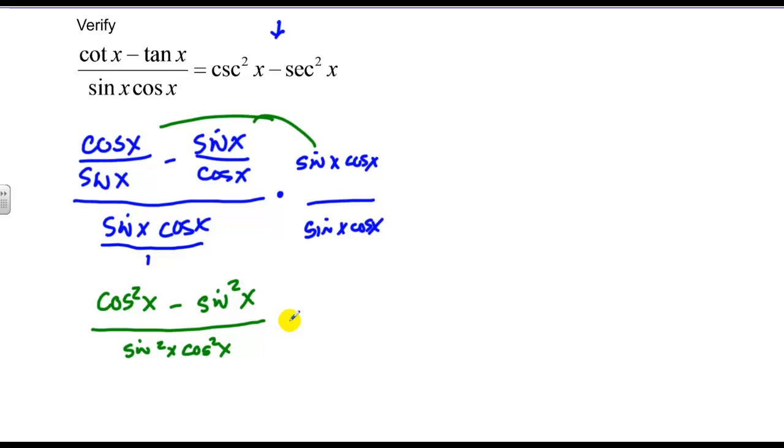However, what I am allowed to do, and this is one of the tricks in identities, sometimes while the simplified fraction looks pretty, it might be better to break it up, especially when your verification part, or what you're trying to get to, is a separated fraction. So I'm going to break this up into two fractions.